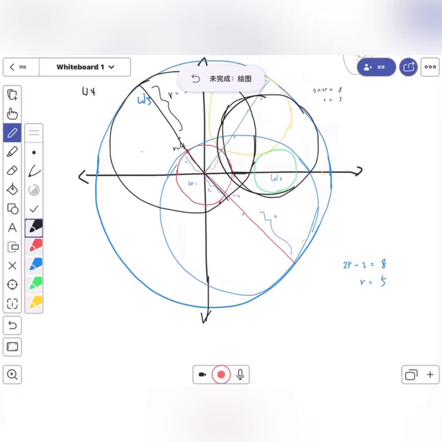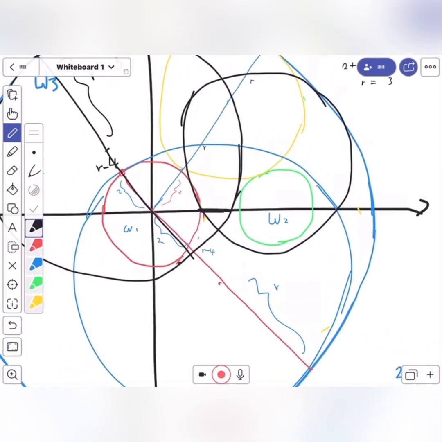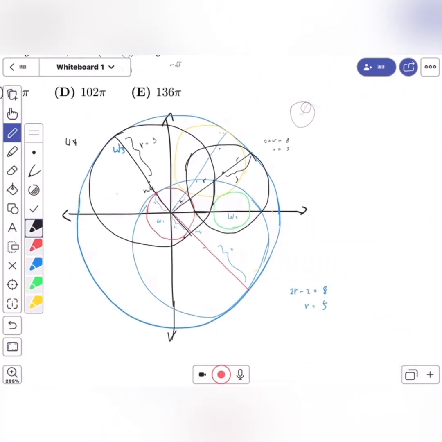And this circle, since this circle is externally tangent to this one, then we just get to draw a line like this. r, and 2. So this gets that radius is equal to 3.